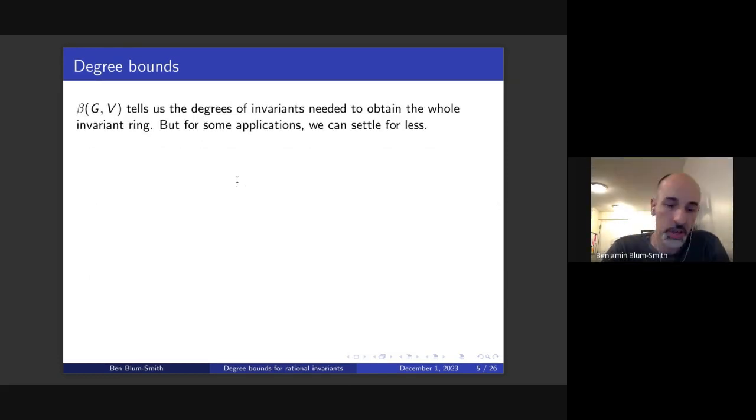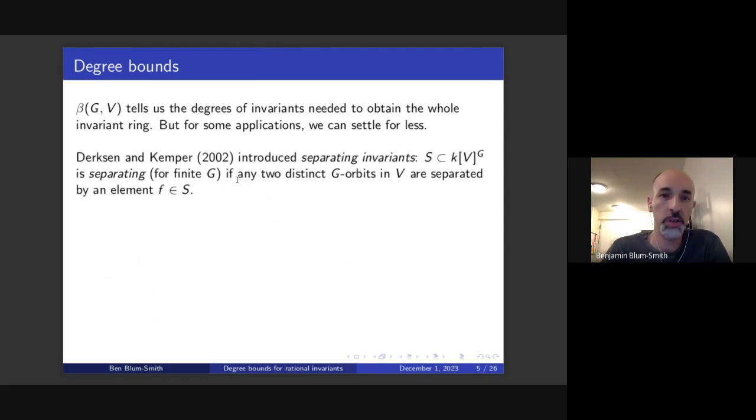For some applications, beta is asking for more than we need, though. We have the notion of separating invariants, which again, I think has been mentioned in many talks so far in the conference. So I'm not going to define it, but it is an idea introduced by Dufresne and Kemper, sort of returning to the roots of invariant theory: suppose you just need enough invariants to separate orbits.